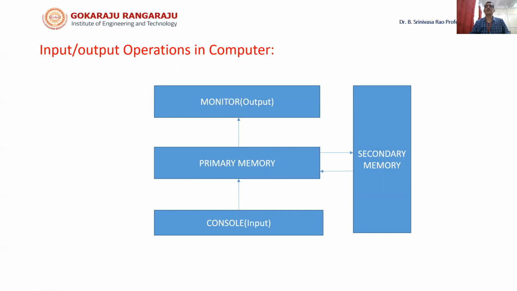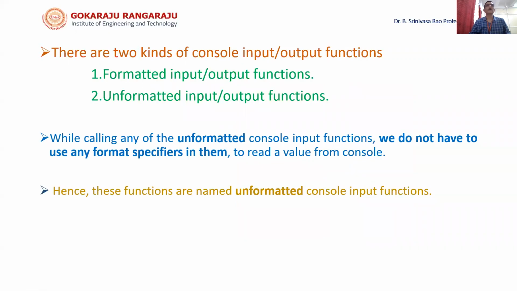In the earlier video lecture, we talked about formatted input output operations, where for every operation a specific format or format specifier is given. But here there is no format specification. At random we try to get or input the values. There are two kinds of input output functions: formatted and unformatted.